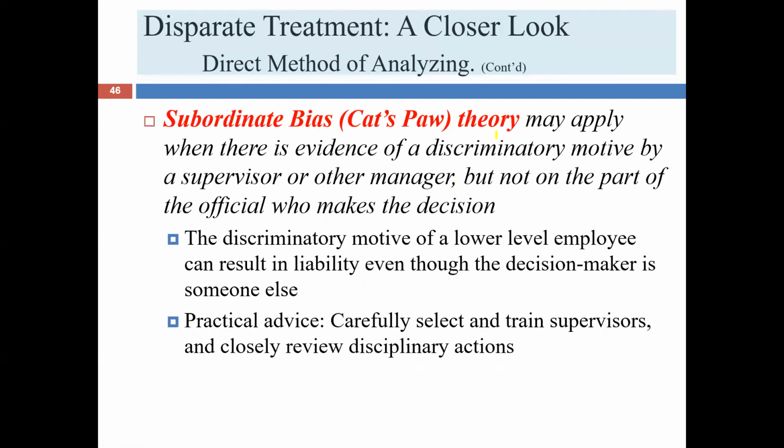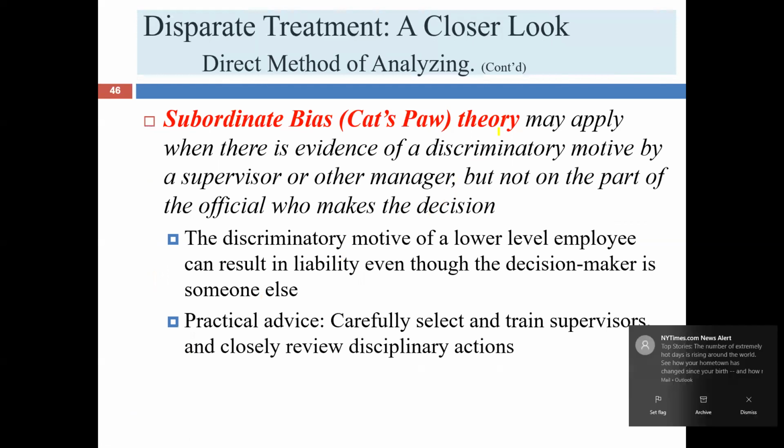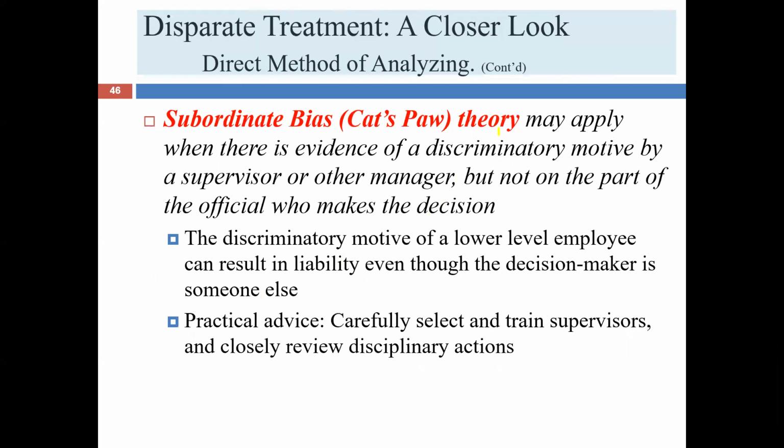We talked about cat's paw theory earlier. Sometimes you can have a decision maker who really isn't trying to discriminate, but he gets incorrect or at least clouded or distorted evidence from somebody who is a discriminator.